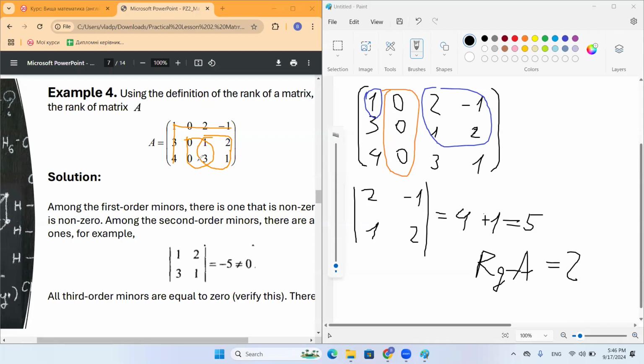Yeah, all except the column is 0. Yeah, we actually can use this minor. It won't be equal to 0. So 9 minus 4, why not? Actually, it doesn't matter.